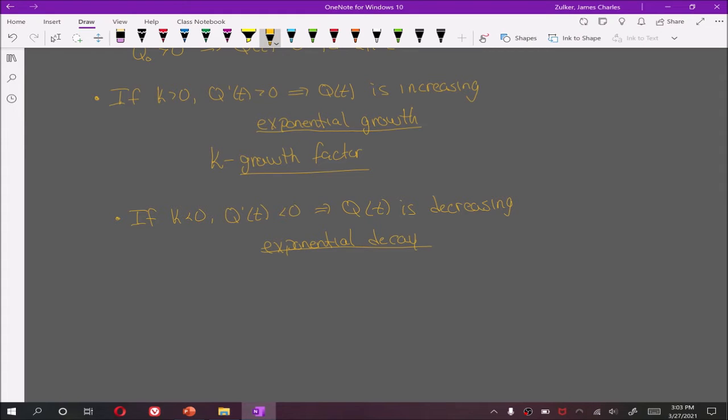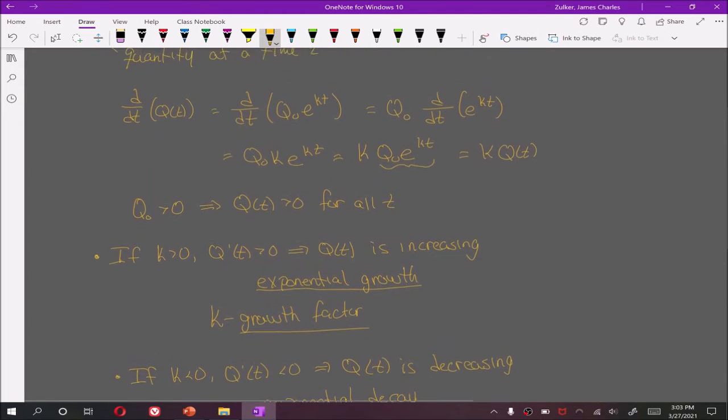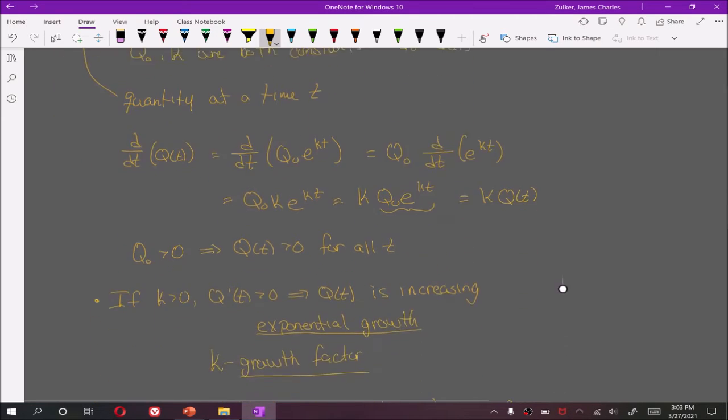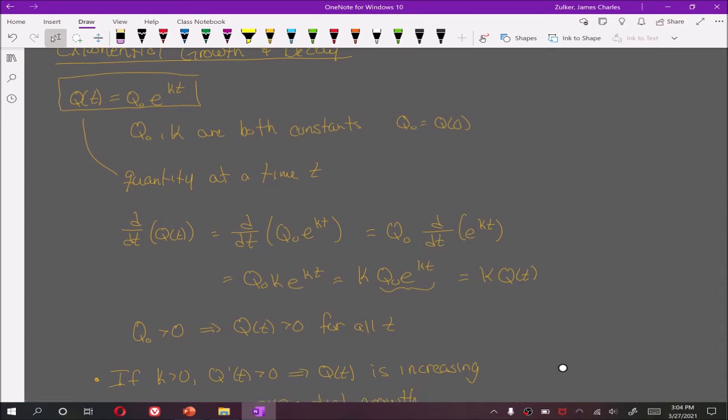And in this case, the absolute value of k, since k is negative, is called the decay factor. Right? So this function right up here is our exponential model. If k is greater than 0, it is called an exponential growth. If k is less than 0, then it is called an exponential decay.